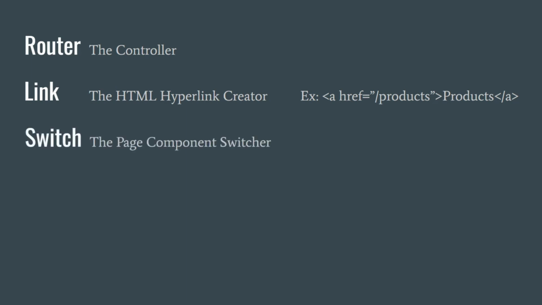Switch moves the page according to the URL, where switch already has data on the URL and components of the targeted page. Route. This route is the URL and page component data that are owned by the switch. So, route components can be more than one and are in the switch component area.